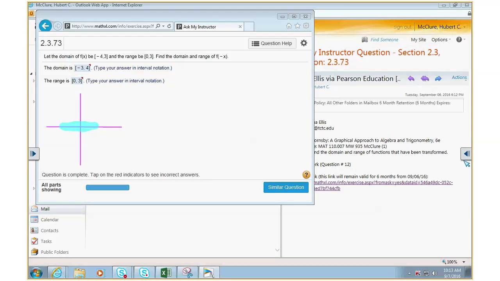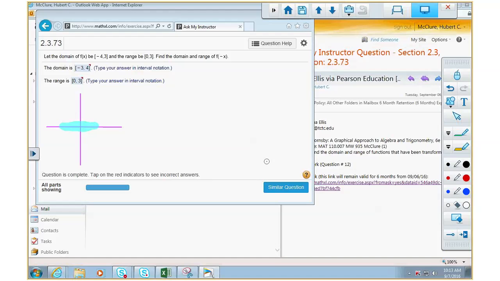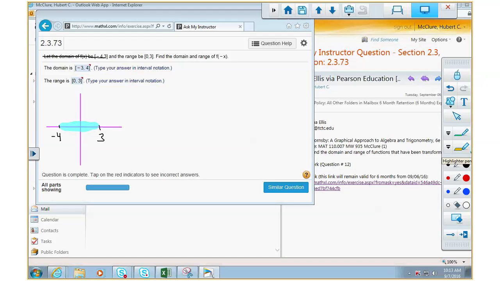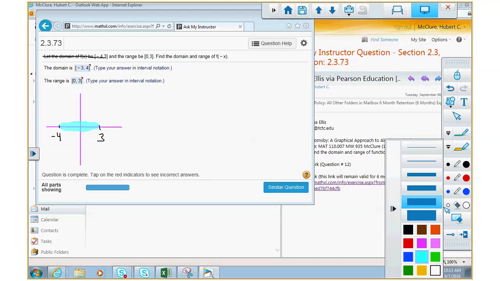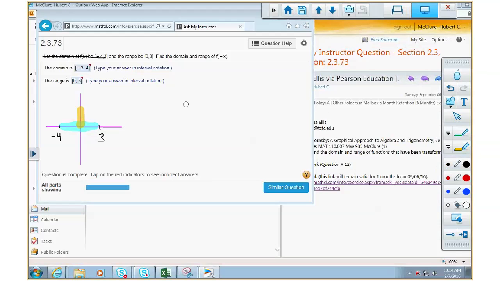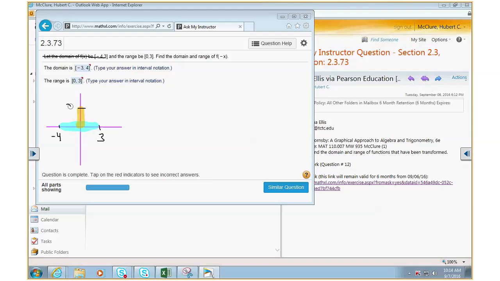I'll take my handy dandy black marker, and I'm going to put -4 to 3, because I've got to see what's happening. And the range is 0 to 3. So I take my handy dandy yellow and go from 0 to 3. And that is my range.